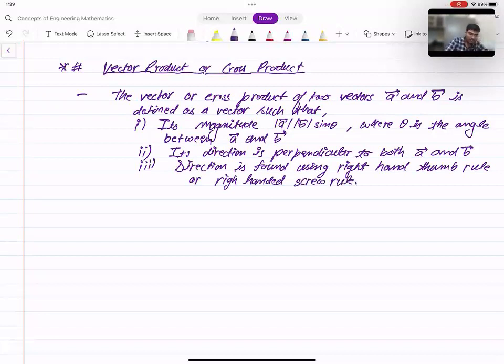So these are the techniques which are used to determine the direction of the cross product of two vectors.